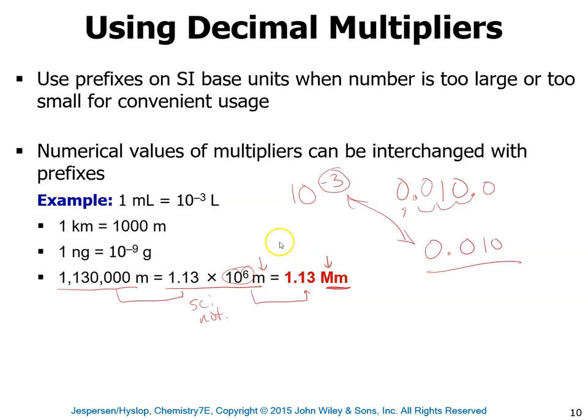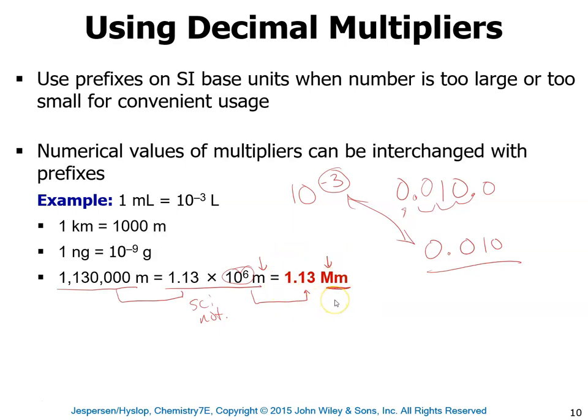So if we're always looking at things that are 1,000,000 meters long, and we're going to keep looking at numbers this big, instead of 1,130,000 meters, it's just easier to say 1.13 megameters.